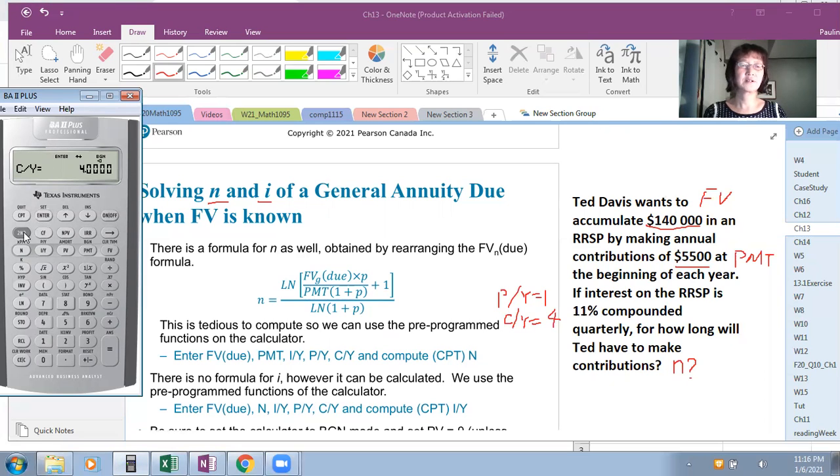Enter. Second, quit. Type in 140,000. This is future value. 5,500 negative, PMT.